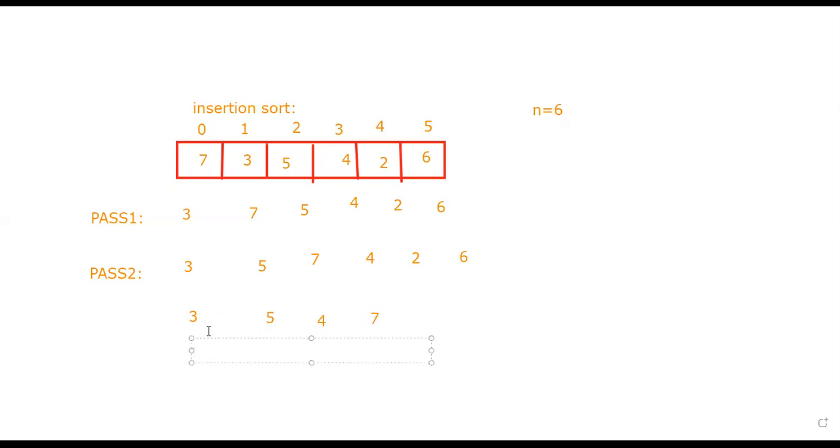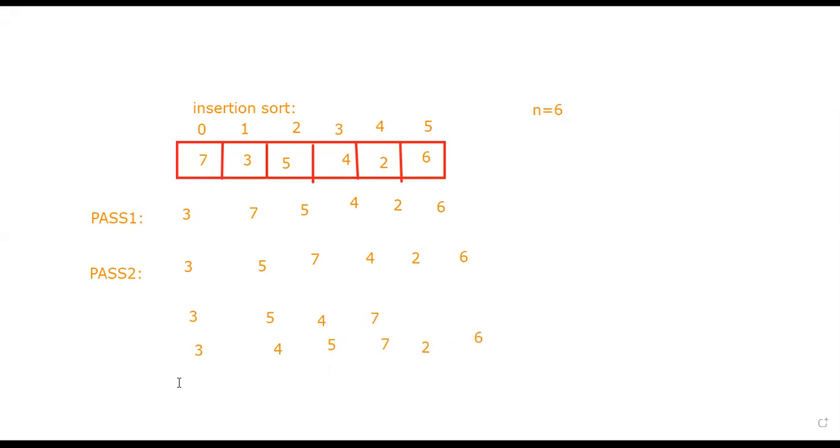That means 3 is 3. So 4 will come in place of 5. It will compare with 4 and be swapped. The next element is 5 and the element is 7. Remaining 2 6 are common.